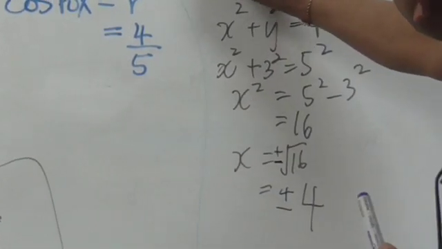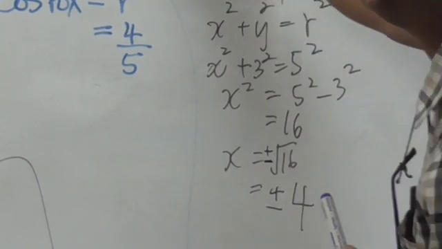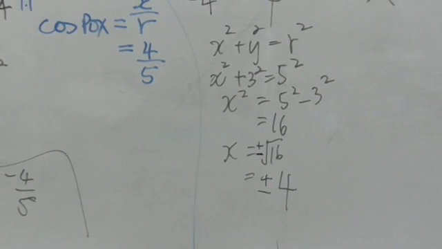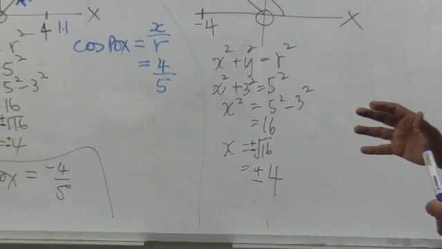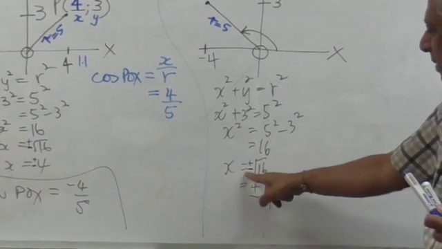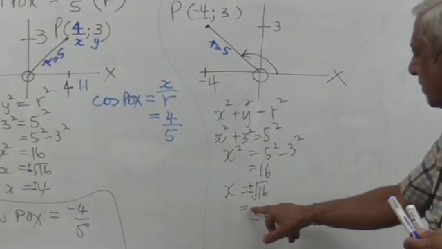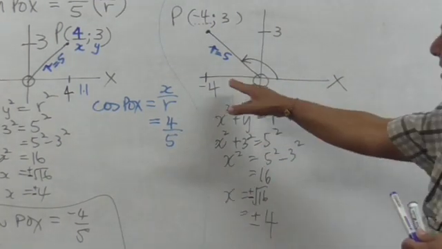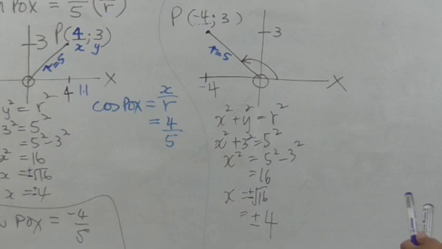Now here you end up with the answer plus minus 4. Because it is a second quadrant, you will have to choose the answer minus 4. So this is minus 4. You see? Right? So remember, when you're dealing with a Cartesian plane and you're finding the square root, always put plus minus. Always put plus minus. And then you decide whether the x is positive or negative.